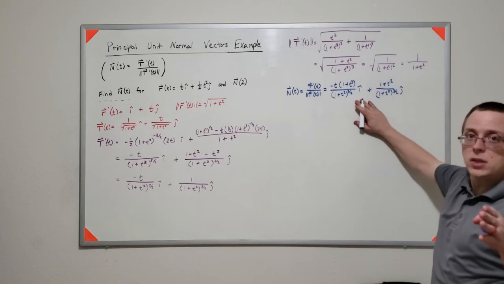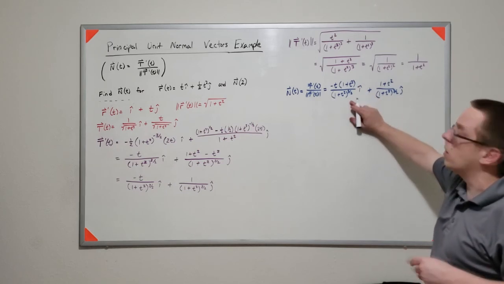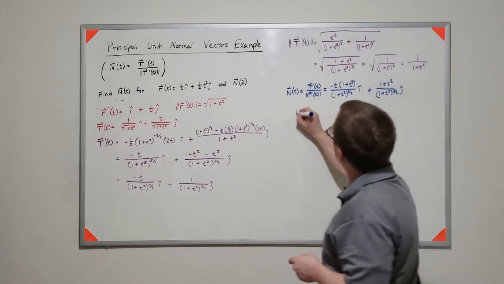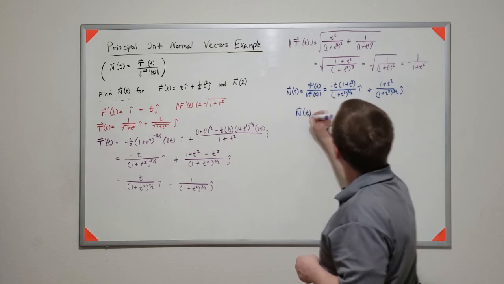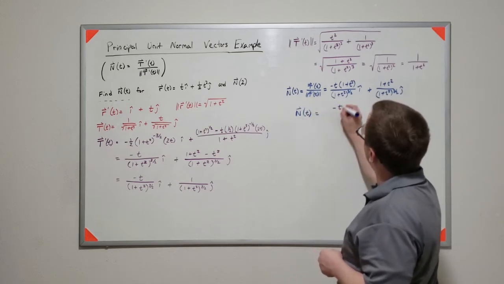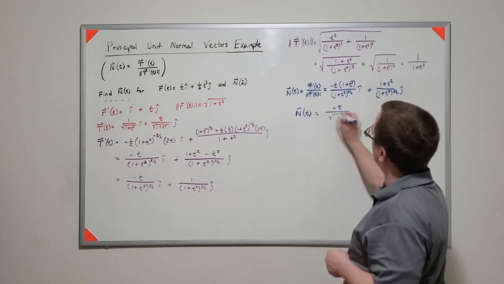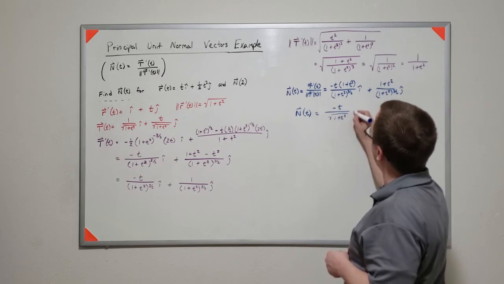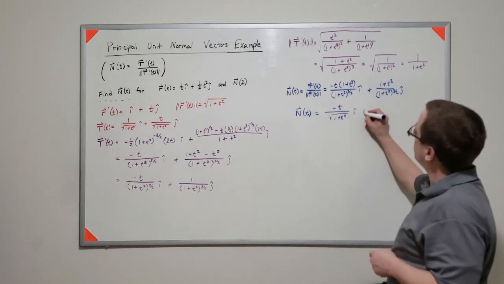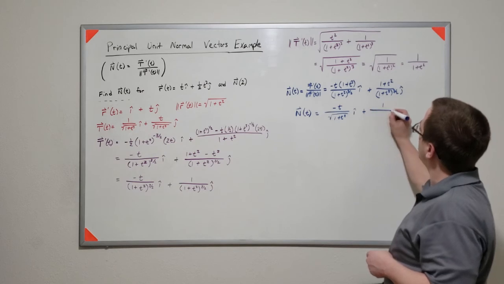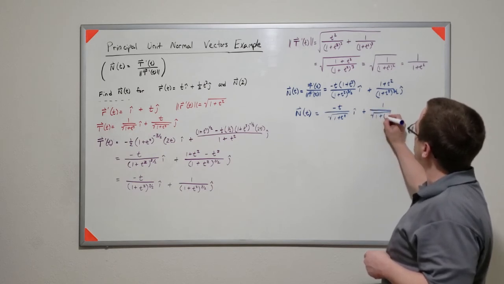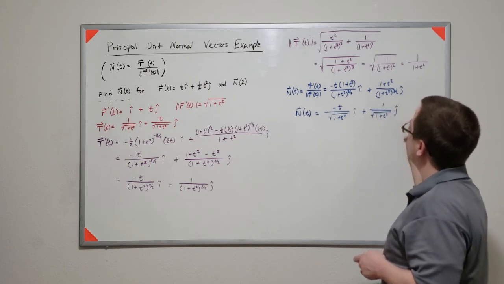And then I can cancel these 1 plus t squareds, or at least reduce it. Negative t over the square root of 1 plus t squared i plus 1 over the square root of 1 plus t squared j.